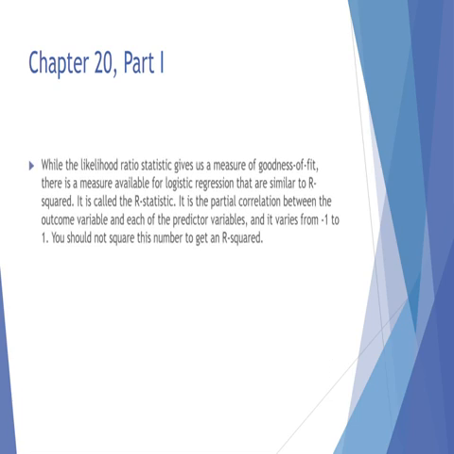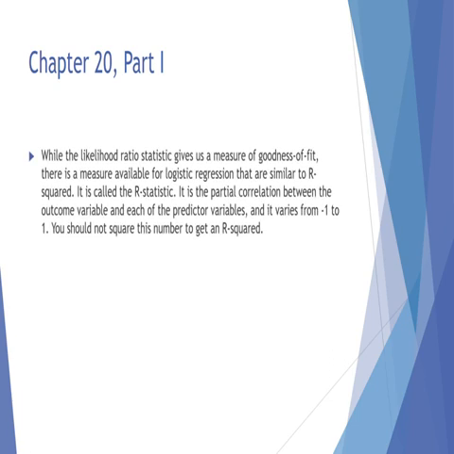So we can see here on the next page that while the likelihood ratio statistic gives us a measure of goodness of fit, there's a measure available for logistic regression that is similar to R squared. It is called the R statistic. It's a partial correlation between the outcome variable and each of the predictors, and it varies from -1 to +1, and you should not square this number to get an R squared.